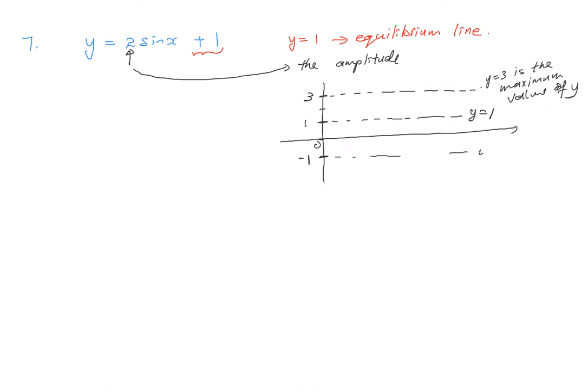So y equal to -1 is the minimum value. Correct or not? And we also can get this by which method? You remember how to do it?